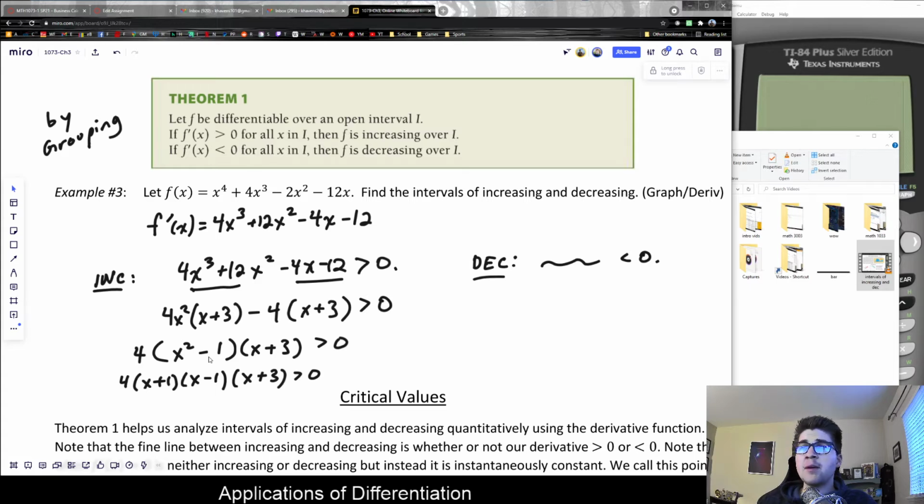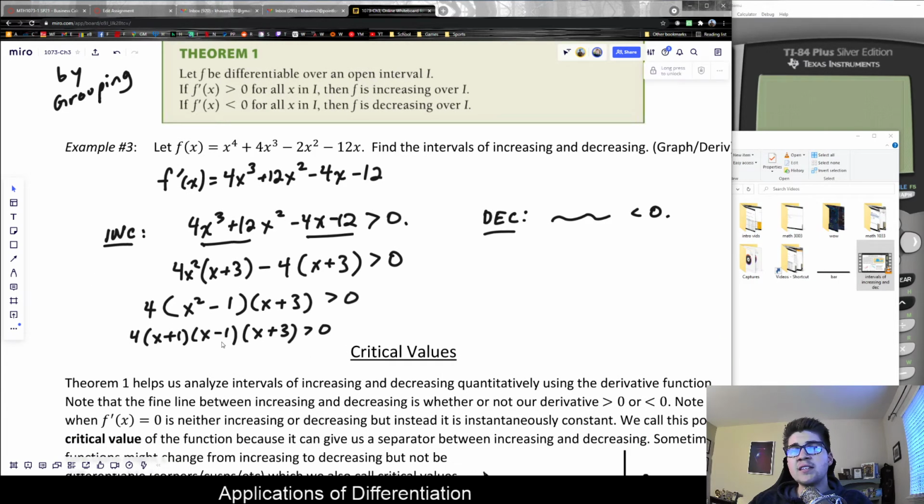But basically what we end up with are 3 zero values. Those will dictate whether it's increasing or decreasing and so on. Basically it will be 0 at these particular 3 points.